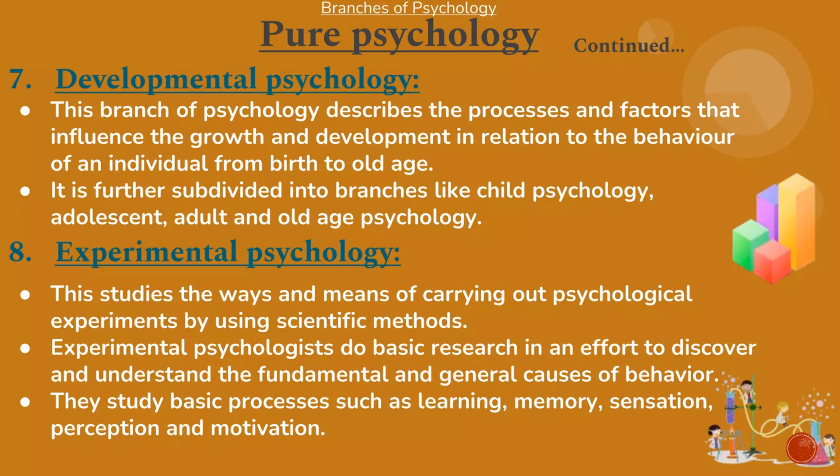You must have heard about the experiments of Ivan Pavlov, like classical conditioning and operant behavior. This is part of experimental psychology. You must have heard about the dog and bell experiment, how a dog was conditioned to the bell to salivate and to secrete gastric juices. So this is part of experimental psychology.